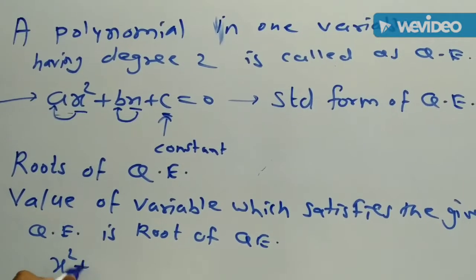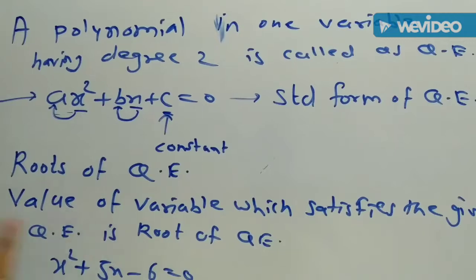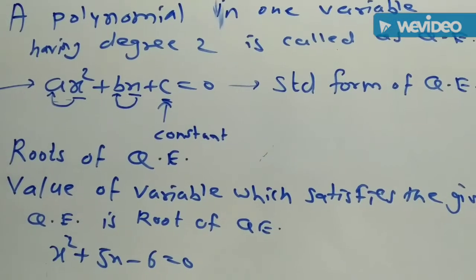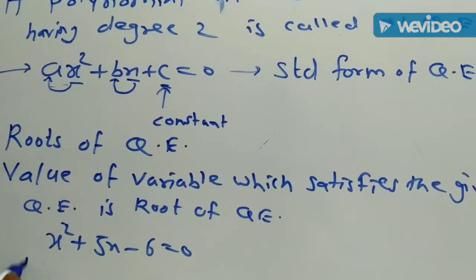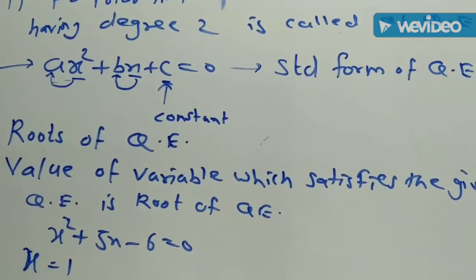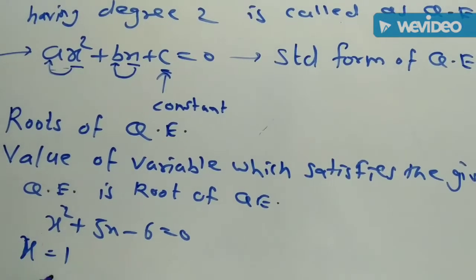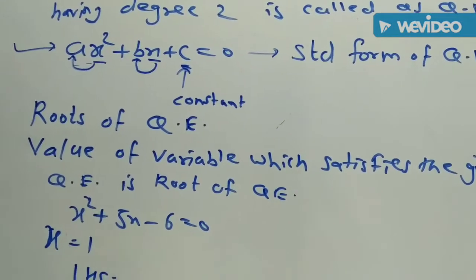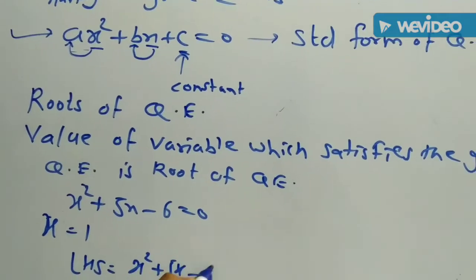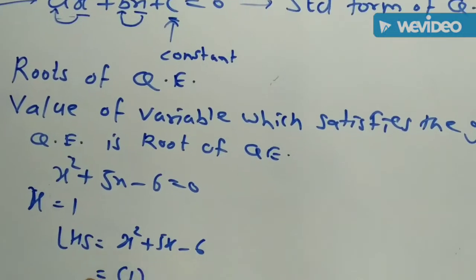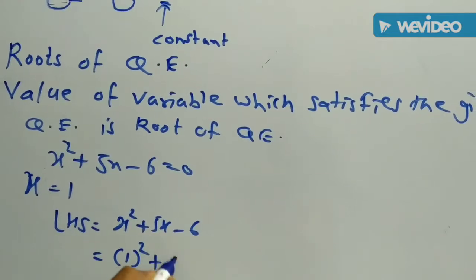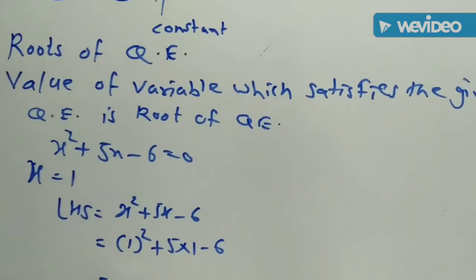For example, we take x square plus 5x minus 6 is equal to 0. This is the quadratic equation. Suppose we take x as 1. Then after putting the value of x in LHS, that is x square plus 5x minus 6, we get 1 square plus 5 into 1 minus 6.